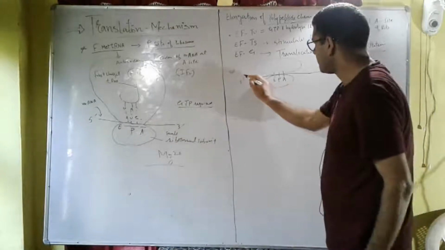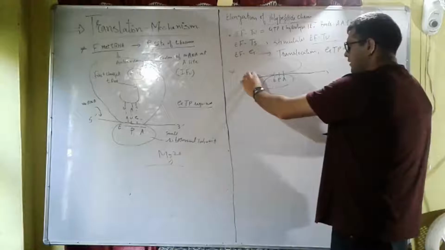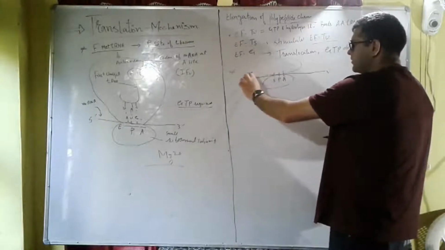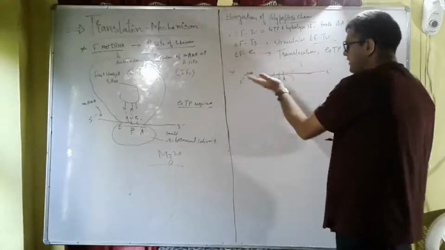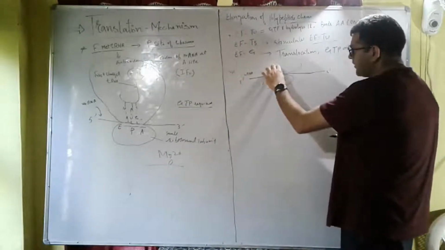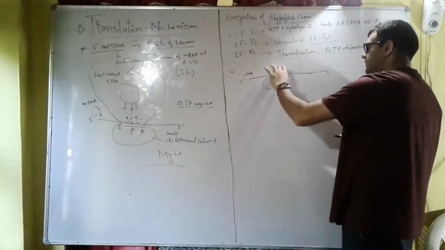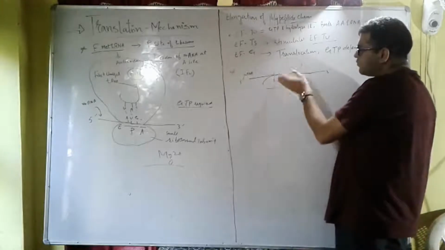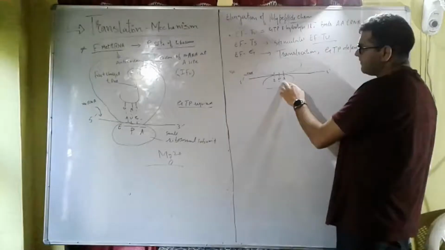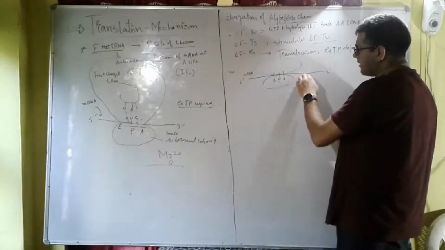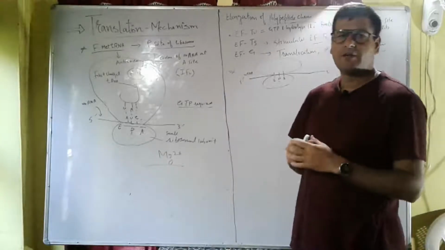This is the ribosome and this is the mRNA. The ribosome physically moves along the mRNA in the 5' to 3' direction. As a result, all the codons present on the mRNA get exposed at the A site, and the polypeptide chain grows.